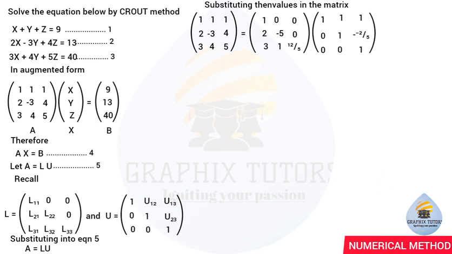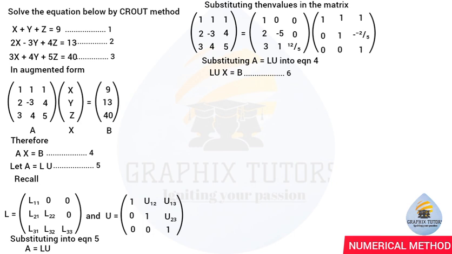Now, if you substitute A equals LU into equation 4, that is AX equals B, we'll be having LUX equals B. That will be my equation 6.